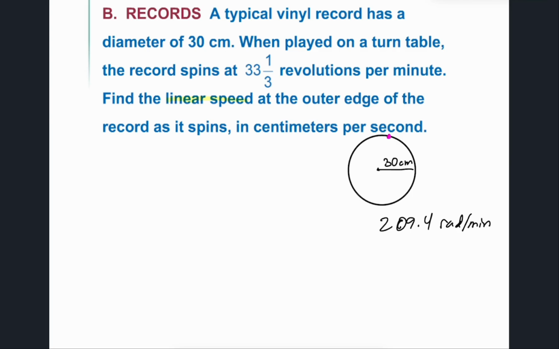Great. But now it says, what is the linear speed? So remember, linear speed is either arc length over time, r times theta over time, or r times omega. Well, we already have the omega. This is our omega. That's radians per minute.